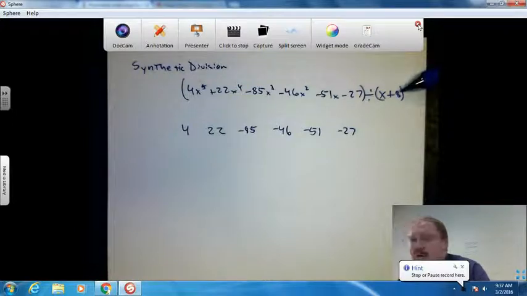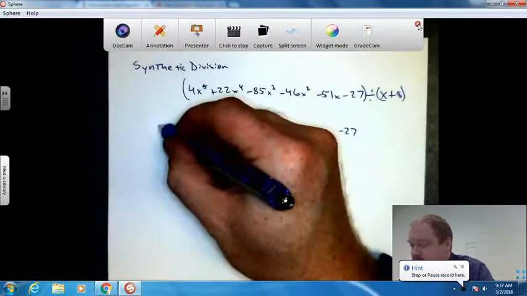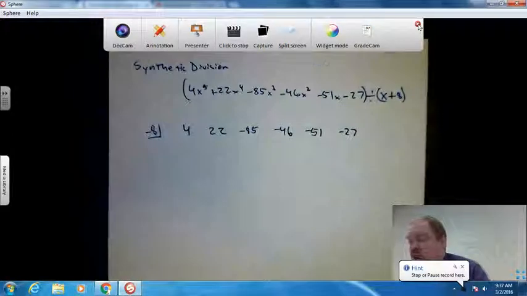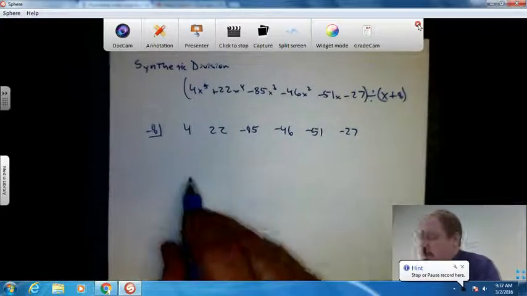Now over here, we're just going to use the opposite of what's in here. So it's kind of like a shift, if you will. So instead of plus 8, I'm going to use negative 8. And that's going to go on what I call the shelf. I'm going to draw a line here.